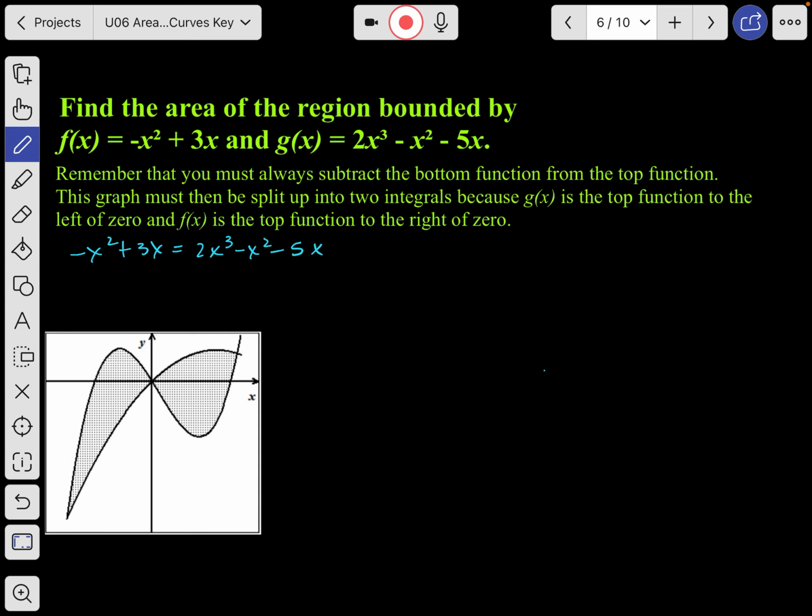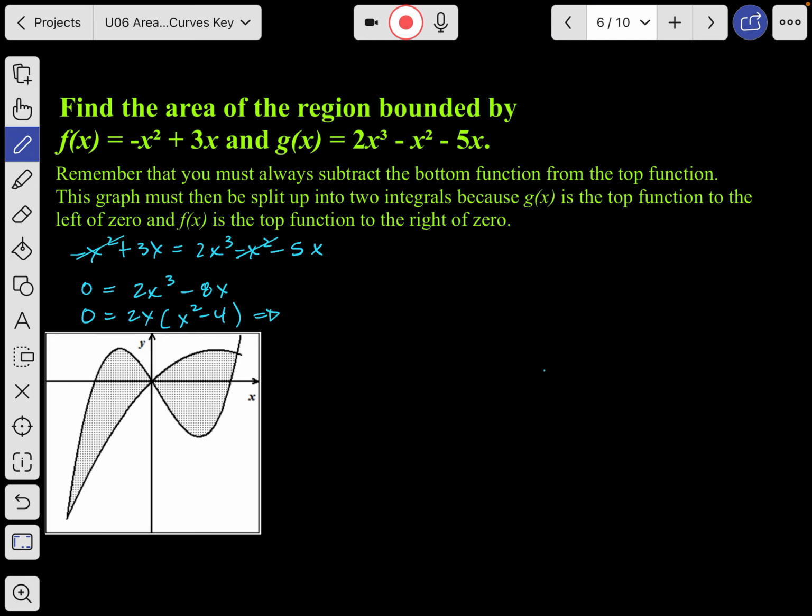All right, so if I move everything to the right, this will give me 0 is equal to 2x cubed. My square terms will cancel, and if I subtract the 3x, that'll give me minus 8x. I can factor out a GCF, a 2x, and I'll be left with x squared minus 4.